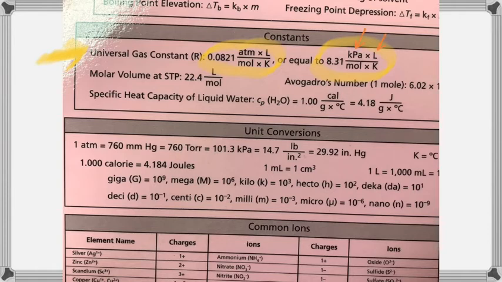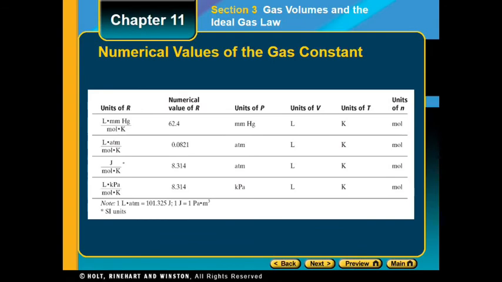We still have liter, mole, Kelvin, but the pressure unit is different. Therefore, that constant value will be different based on the appropriate units. So pay attention to units. So again, this is showing you some other R values, but I can tell you that the two that we just looked at that are on your pink sheet, those are the two that you're going to see most often.